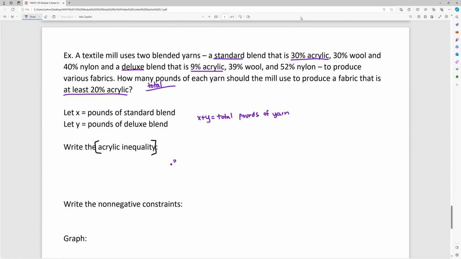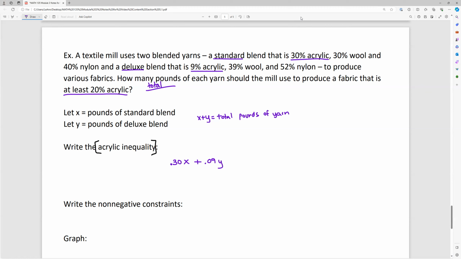I'm going to write that as a decimal, which is 0.30. So 30% of the pounds of the standard blend will be acrylic, plus 9% acrylic for the Y.